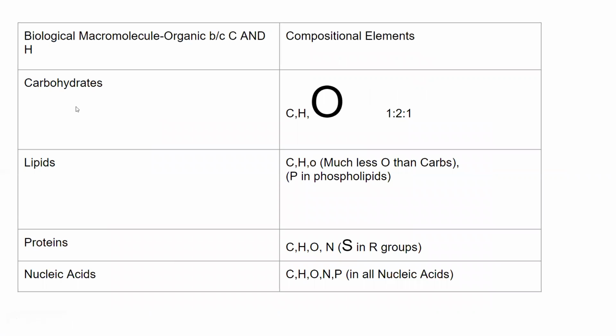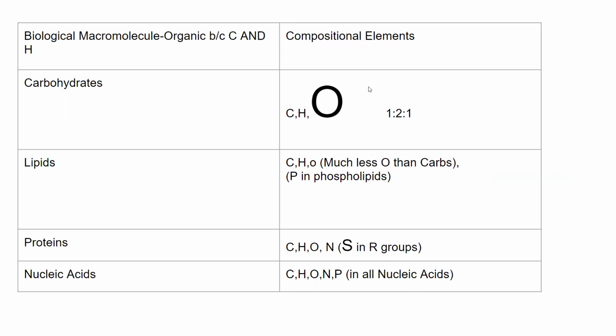The first thing that I want to review is the 4 different groups and how you know whether a molecule is within each group depending on the elemental makeup. So remember, carbohydrates, I'm going to show you the structures in a little bit, but carbohydrates have carbon, hydrogen, and a lot of oxygen relative to the other elements.